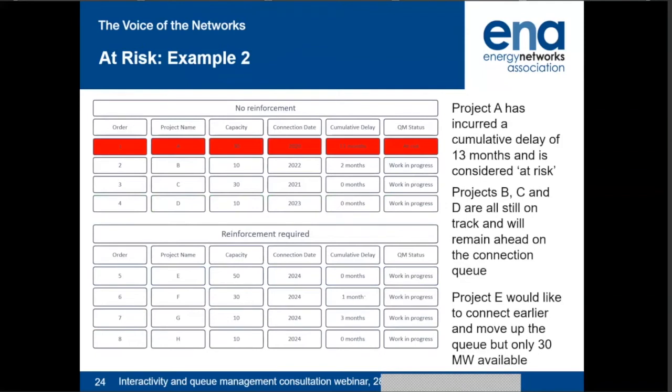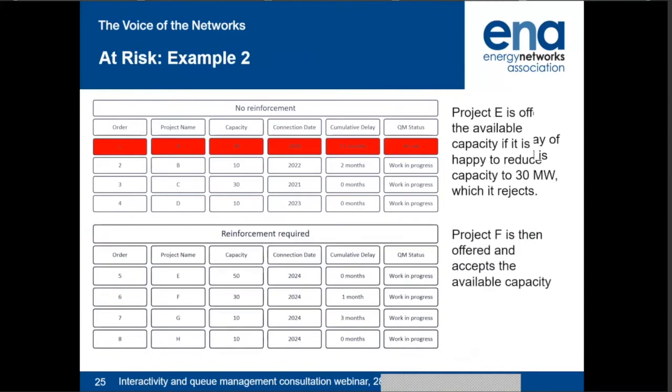So just looking at a slightly different example, again, if Project A has been classified as being at risk, and Project E would like to connect earlier, we have a slightly different scenario here where Project A has a capacity of 30 megawatts, but Project E has a 50 megawatt project.